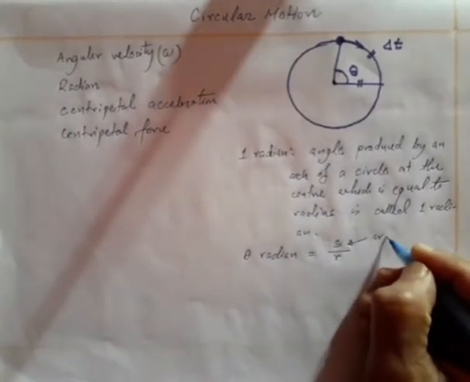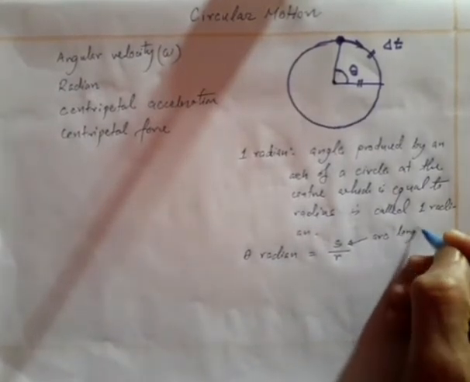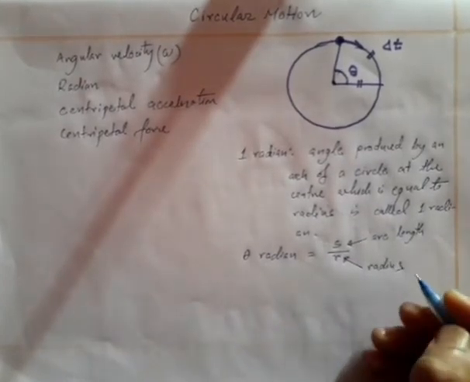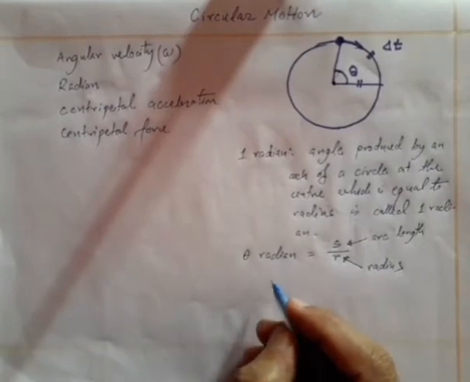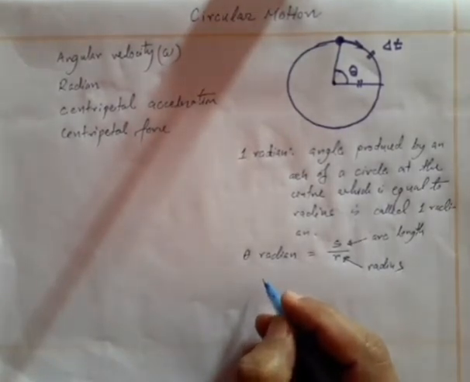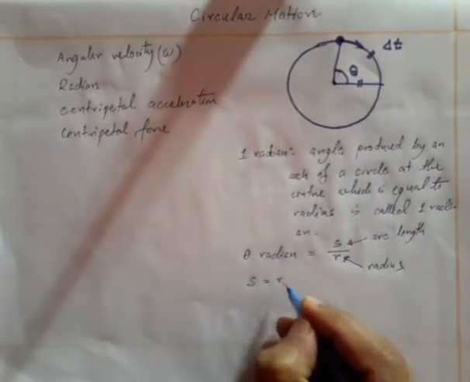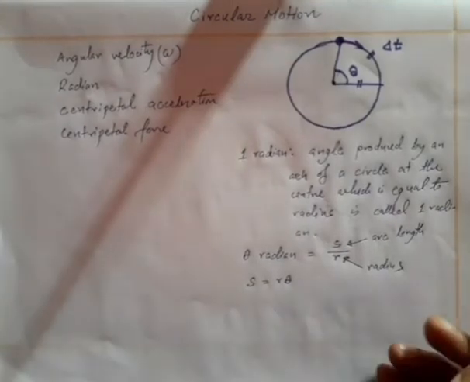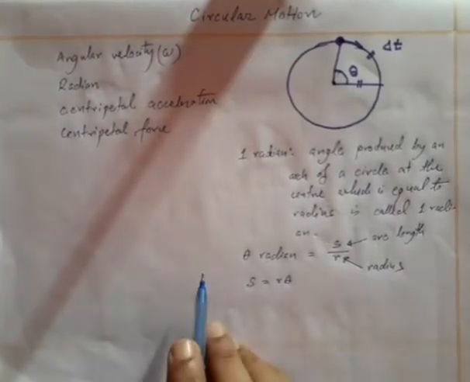So we can write the formula for theta in radian as well. Theta radian will be equal to S by R, where S is arc length and R is radius. And this is a well-known formula. Whoever had additional maths in O level, they know that S equals R theta.